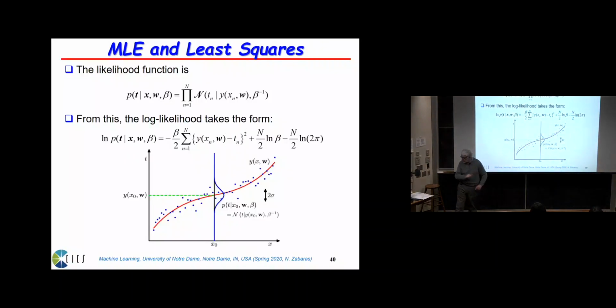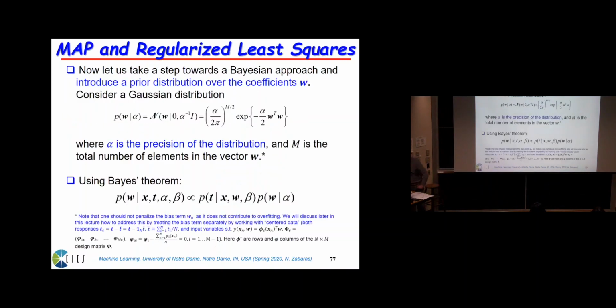All right. Now let me go to slide 77. And we're going to start becoming a little bit Bayesian, okay? And what does a little bit Bayesian mean? We're going to keep the likelihood model as it is. So at every point, the response is going to be a Gaussian centered around the regression function.